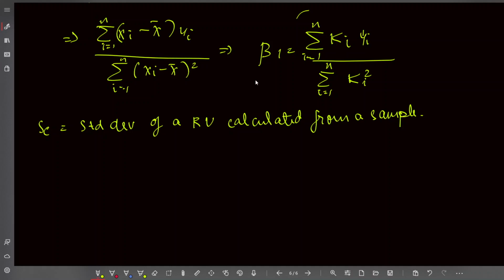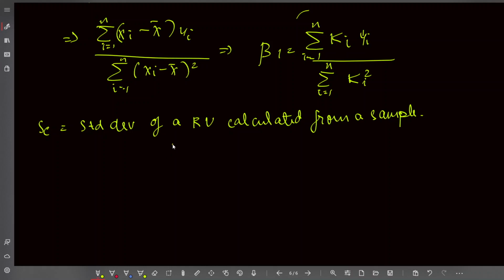So, if we go back to maximum likelihood estimation, if I want to find the standard deviation of the population from a sample, we know from maximum likelihood estimation that it's equal to the sample standard deviation.